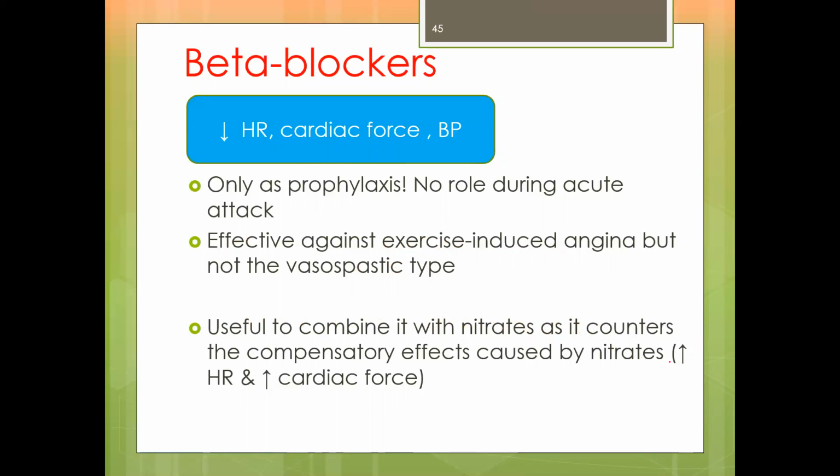We know nitrates cause an increase in heart rate and cardiac force due to the sympathetic effect, a compensation by the body. If we use beta blockers, we can counteract this, reducing or normalizing the heart rate and cardiac force when given together with nitrates.